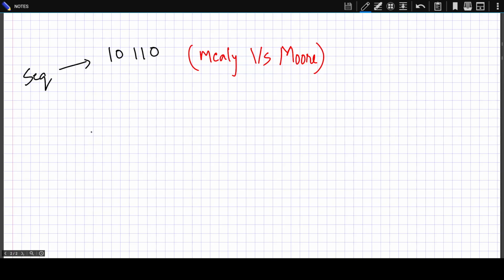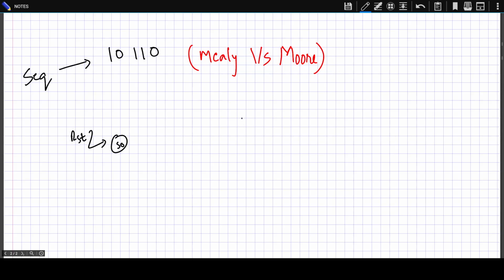While starting an FSM, there should always be a reset signal and a base state. So let's name it S naught and RST, which signifies reset. S naught is the state name; the names don't matter.